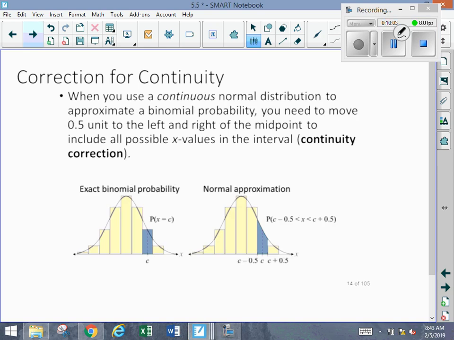All this is saying is what I was saying, right? We're going to add 0.5 to the left and right of a midpoint, just so that we can get all of it.